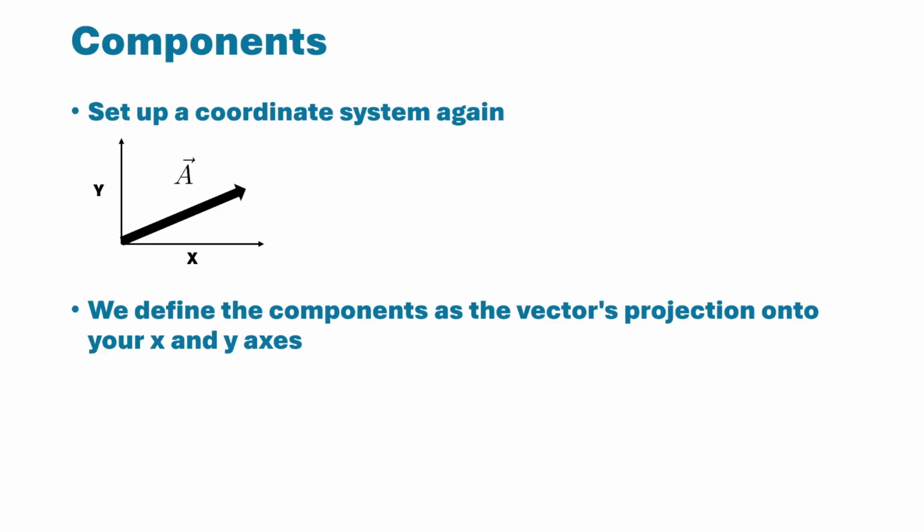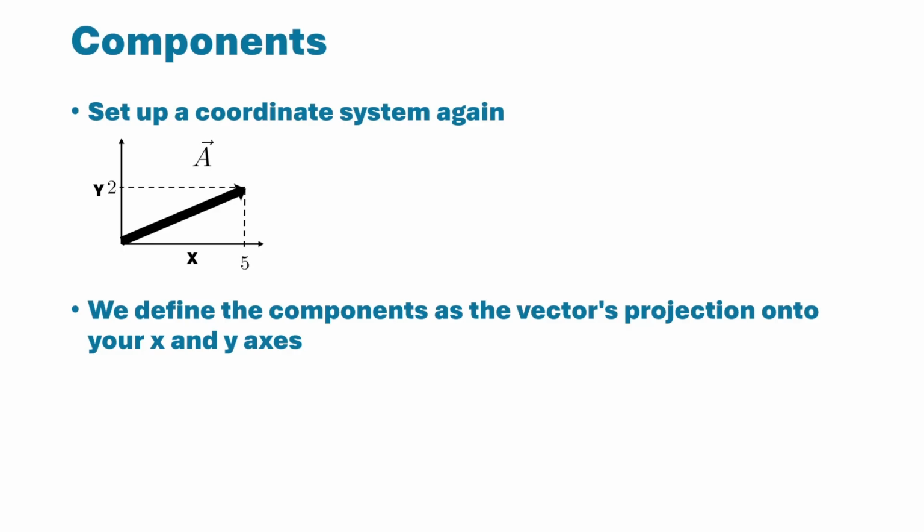So the next important concept that's going to be useful for calculating different things is the components of a vector. So we're going to set up a coordinate system again. Here we have our vector A in the x and y plane. We define the components as the vector's projection onto your x and y axes.